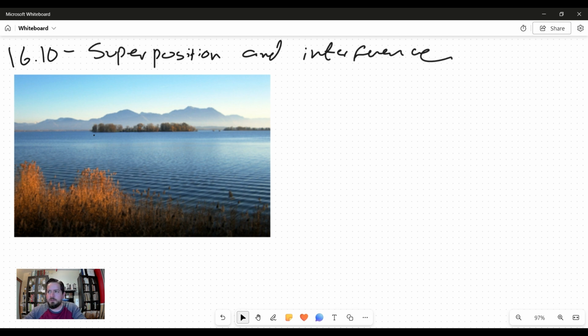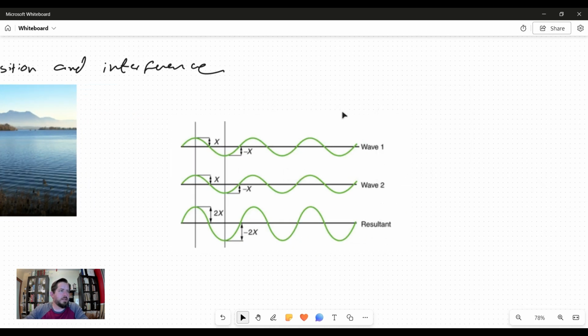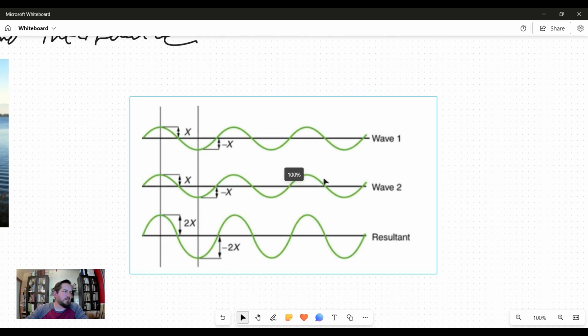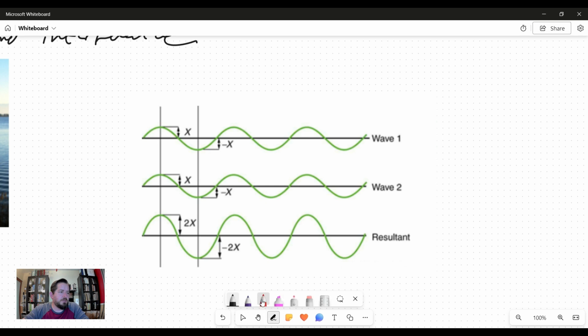So for example, if I have two waves that are in phase with each other, meaning that there's a maximum occurring here and here, then we'll call this wave 1 and this wave 2, and this bottom thing would be wave 1 plus wave 2 added together.